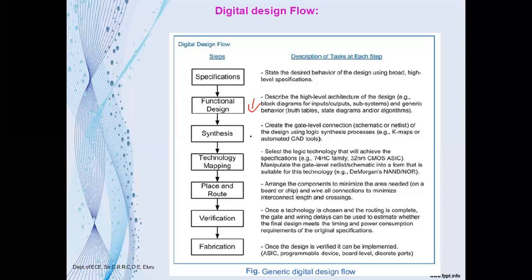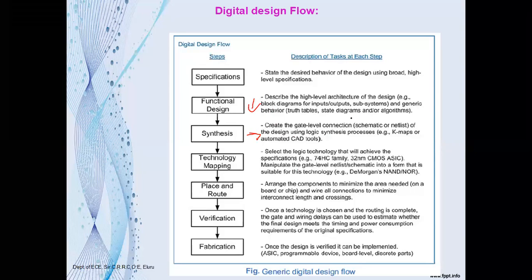In the gate level abstraction, the circuit is represented with logic gates and registers. Initially we don't know what the circuit is, but we have the specifications, and from them we realize the circuit. So the synthesis converts the block diagram into a gate level circuit.